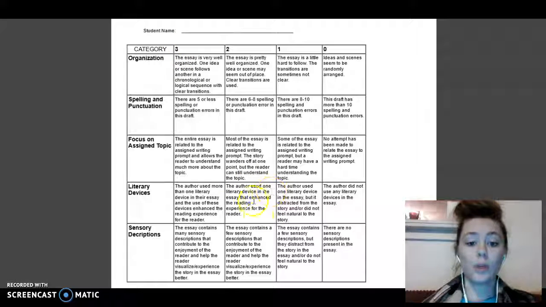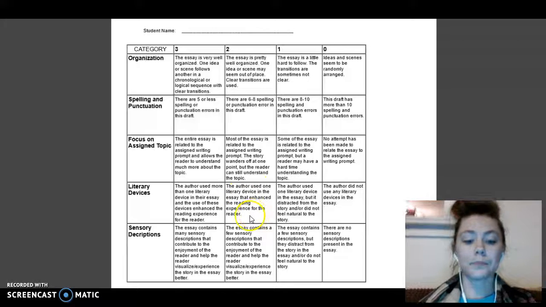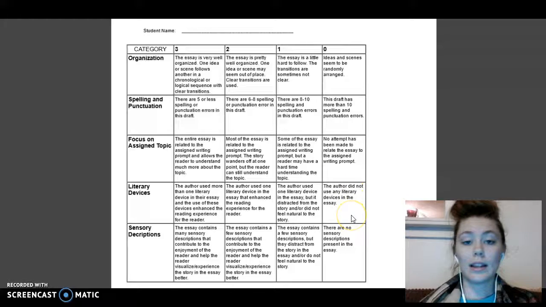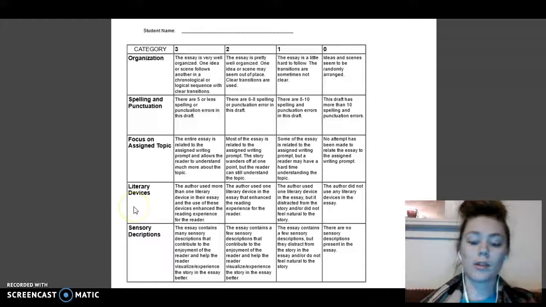If you use only one, but it still enhances the reading experience, that's 2 points. If you use one and it distracts from the reading experience of the reader, that's 1 point. So it's pretty important to make sure that whatever ones you're using, they don't distract from the story. And if you just don't put any in, that's 0 points. So as long as you put some in, you'll get points.